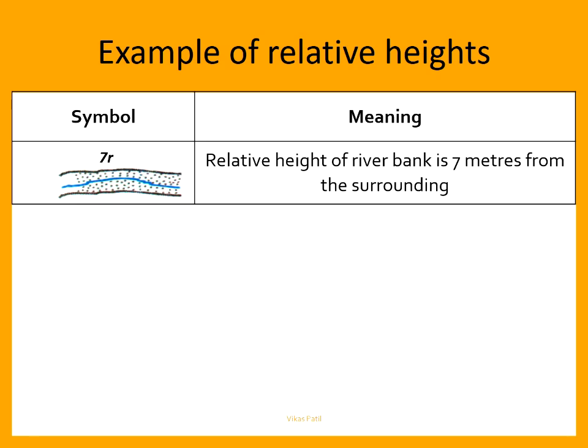As you see here, there is a dry river with the perennial channel, and 7R is written besides the bank. So the meaning of this 7R would be the relative height of the river bank, since it is besides river bank, is 7 meters from the surrounding.